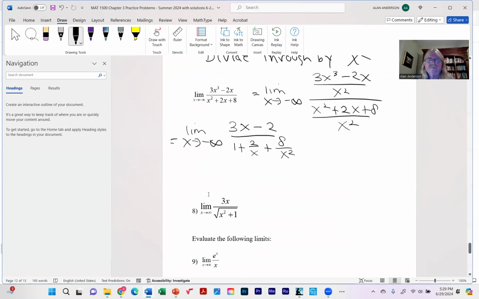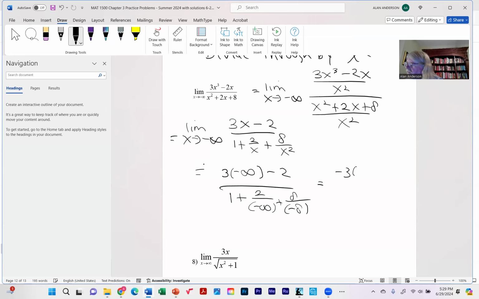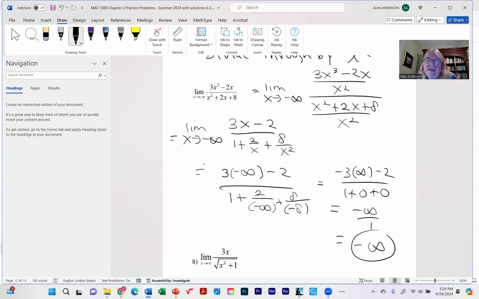Because direct substitution of negative infinity will result in, so we actually end up with negative infinity over 1, which we can simply write as negative infinity. Okay, so yeah, the limit can be negative infinity.